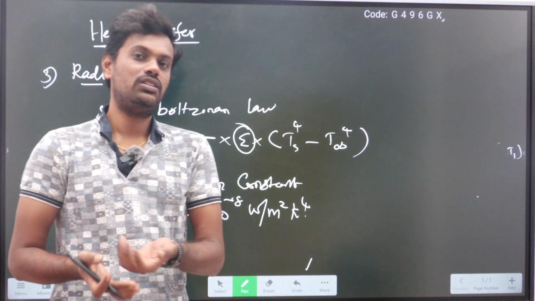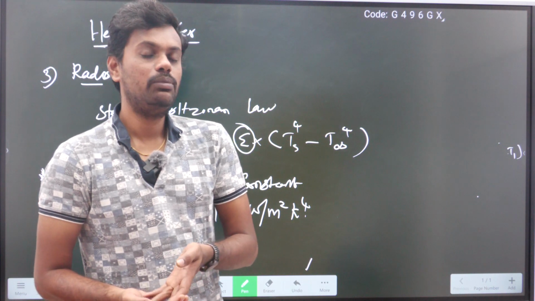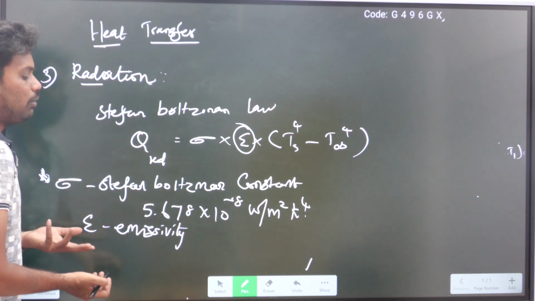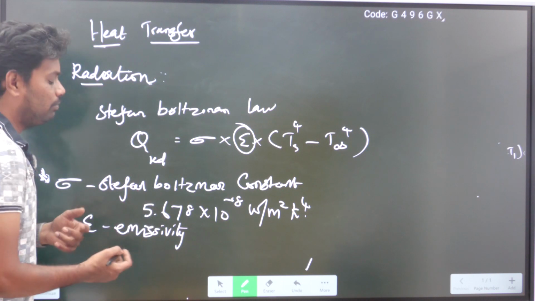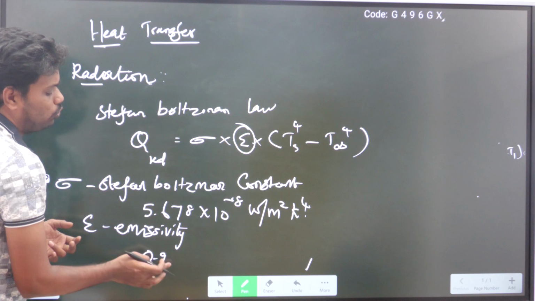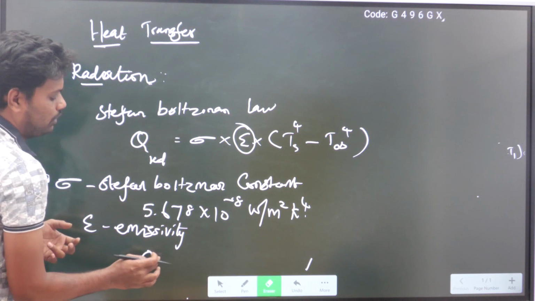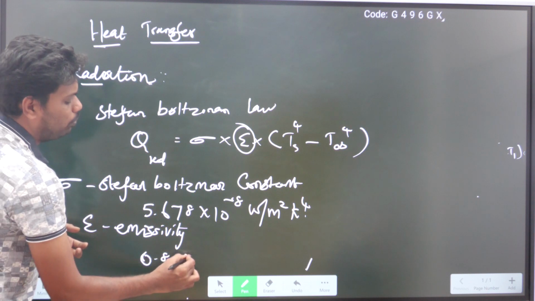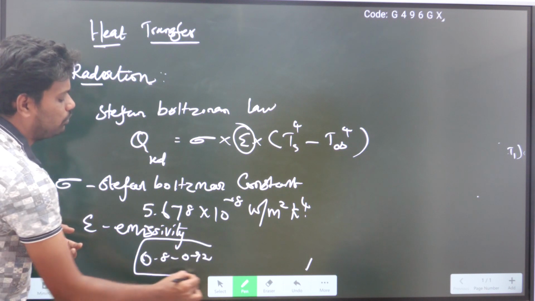If the body is rough, then there will be some emission. For a black body or a body with high roughness, it will be 0.9, or 0.8 to 0.92 you can say. That will be 0.8 to 0.92, the emissivity of the body.